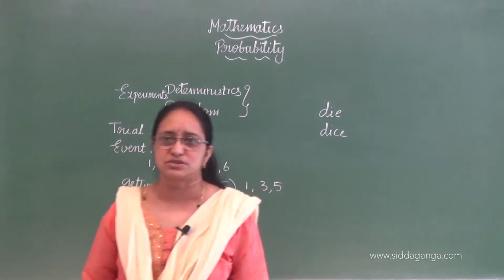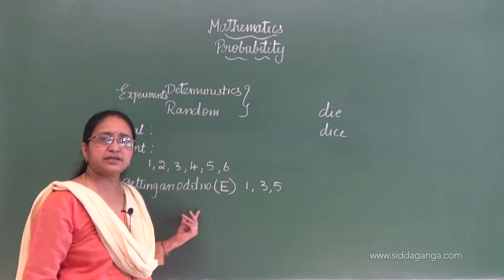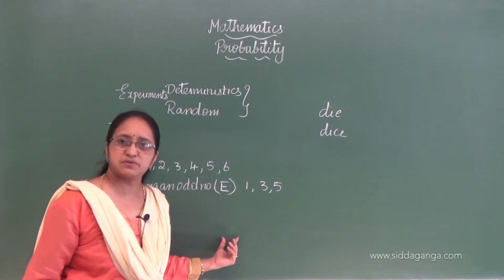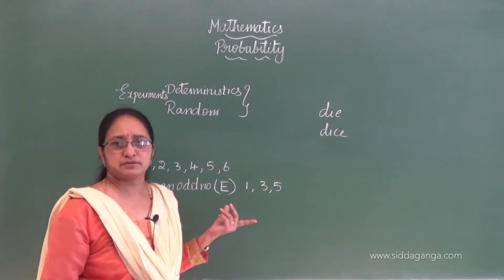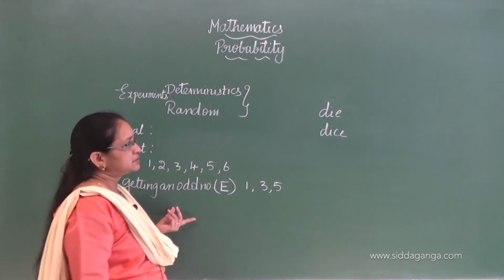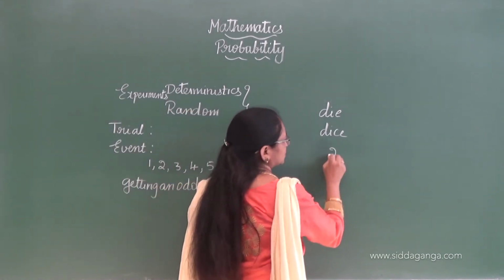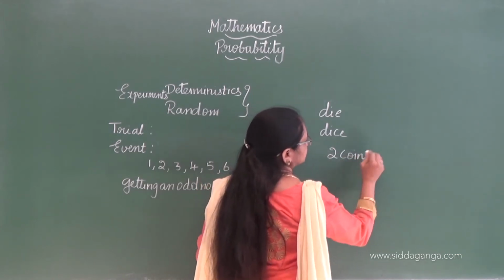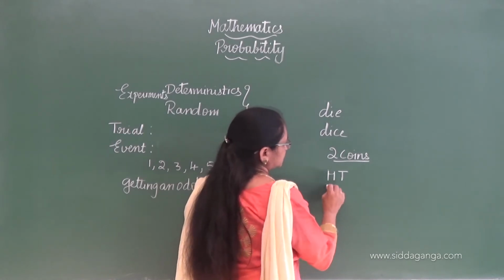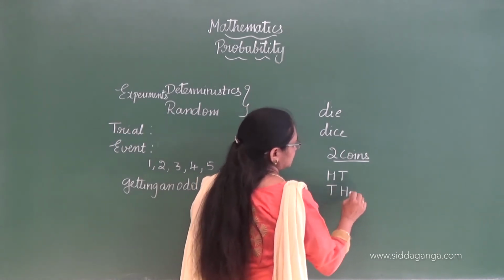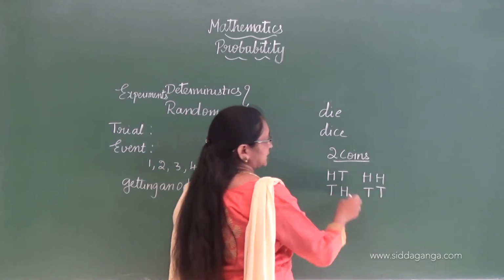Okay, I hope you understood the term event. So getting an odd number or getting an even number, that is also one more event. Suppose you toss a coin, so when two coins are tossed, you will get head and tail, or tail and head, or head and head, or tail and tail.